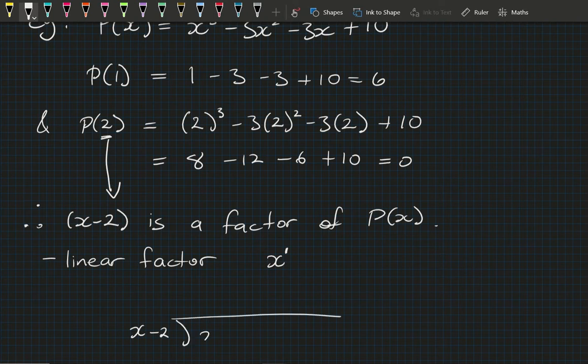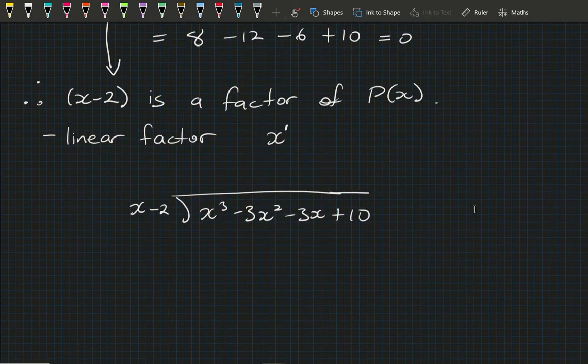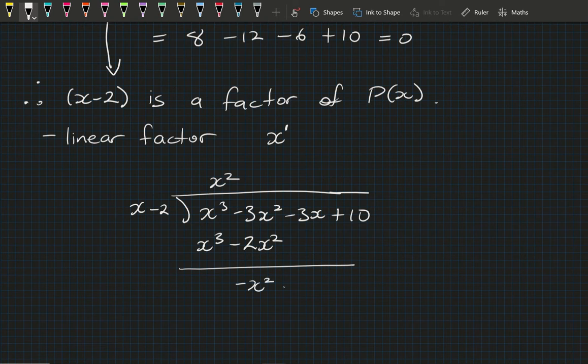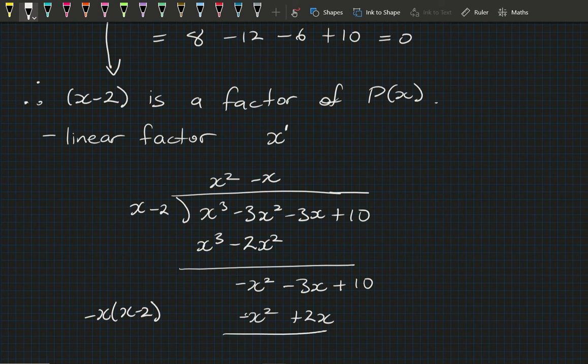So we've got x cubed minus 3x squared minus 3x plus 10. So it's a good chance to practice some more long division. Okay, so I'm going to multiply that by x squared, and then when I subtract that away I'll get minus x squared with the other stuff. So I'm going to multiply that by minus x, gives me the minus x squared and a plus 2x.